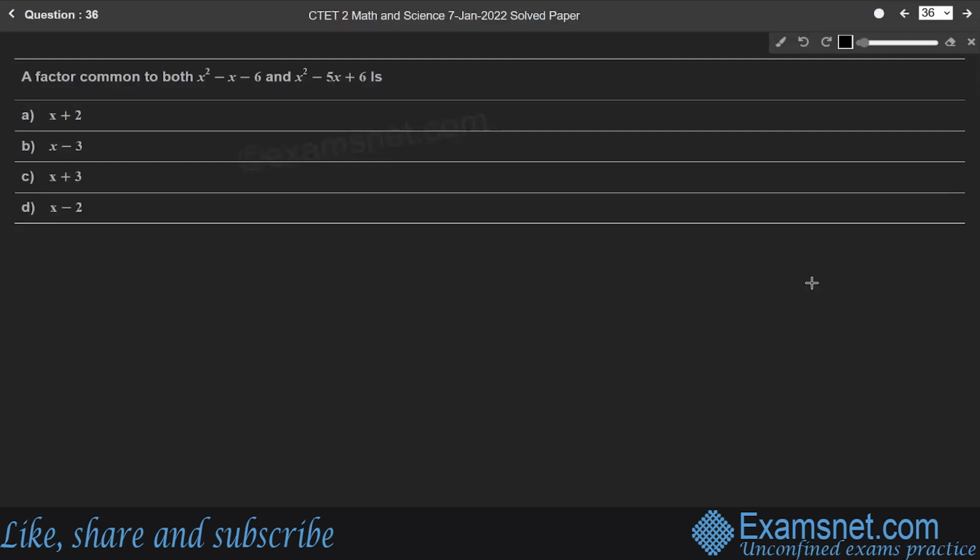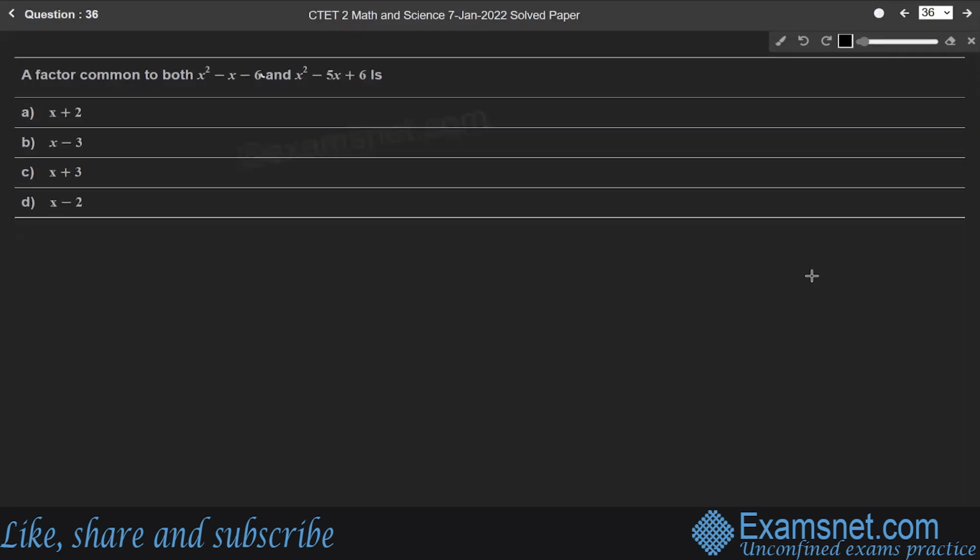Question 36. A factor common to both x square minus x minus 6 and x square minus 5x plus 6 is. So let us find the factors of the given expressions x square minus x minus 6 and x square minus 5x plus 6 separately, right? So x square minus x minus 6.